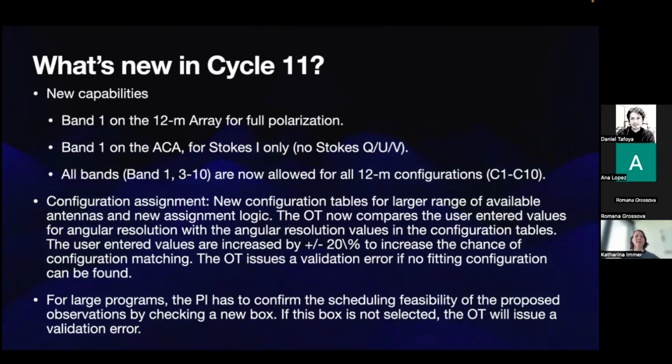But it also means that for certain angular resolution values, you might not get an answer anymore from the OT, because this is actually not schedulable in this way. So the OT will tell you from the beginning if these values are possible or not. I'm happy to take questions about this later if you have any. And for large programs, there's one change as well: PIs now have to confirm the scheduling feasibility of their proposed observations.